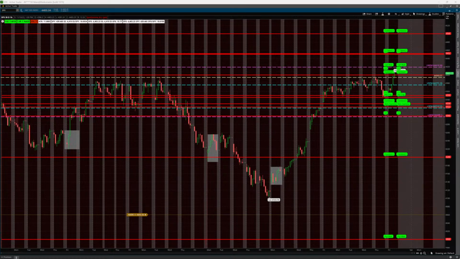All right, one more level I forgot to mention is the 4,400 level. That is the call wall. That's also the absolute gamma strike. So the call wall is the strike with the largest net positive gamma that can be expected to act as resistance. SPX trading above that level now.